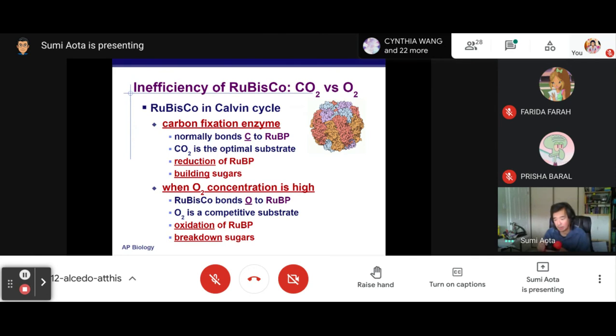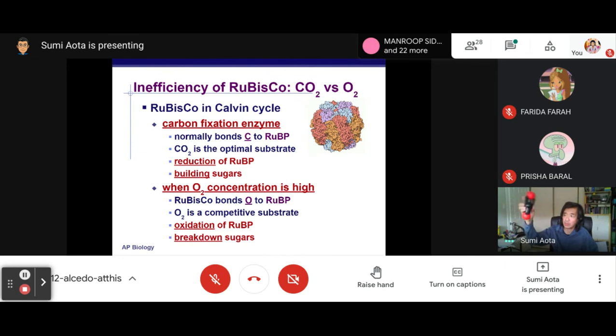Okay, there's one molecule. What do you notice about the shape of this molecule?